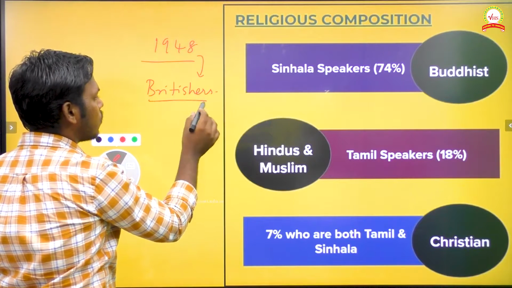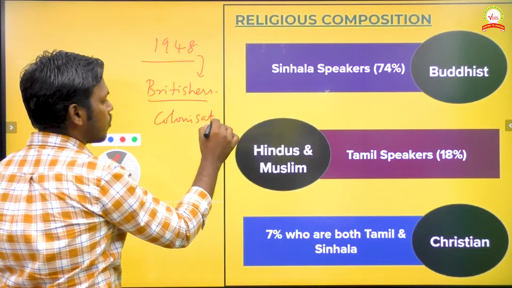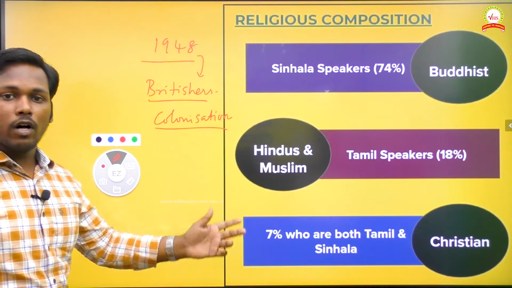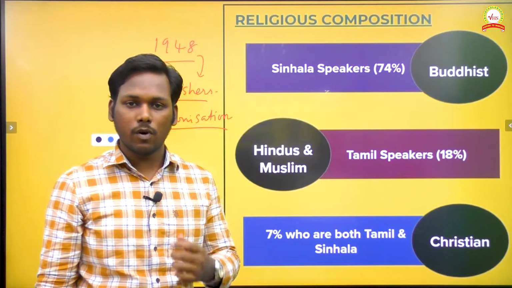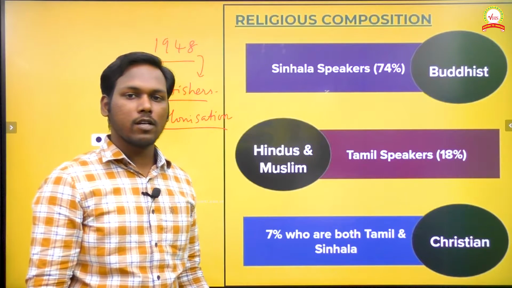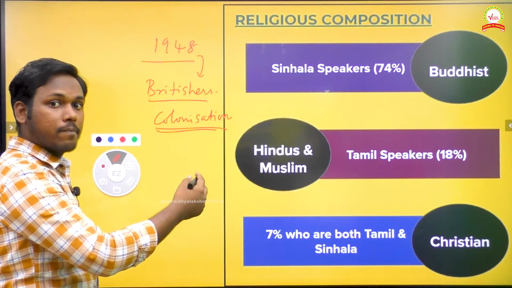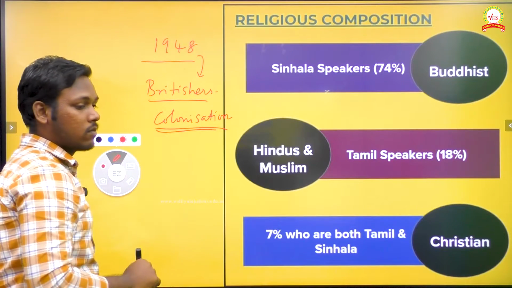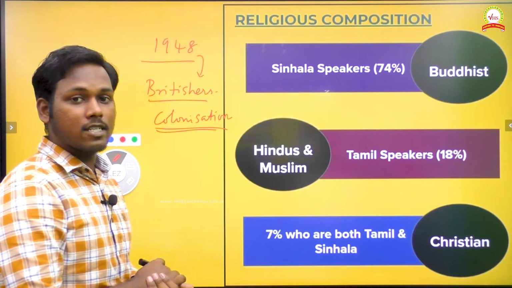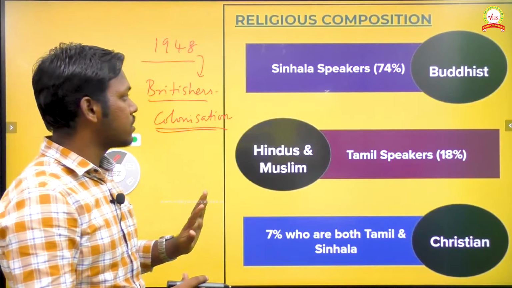As you all know, what does colonization mean? Colonization was a very great methodology followed by developed countries in the world, especially Britain. The British colonized several other countries in the world like India, Sri Lanka, and South Africa. Similarly, Sri Lanka was colonized by the British.